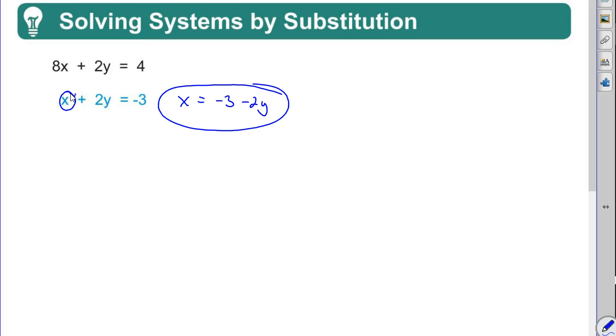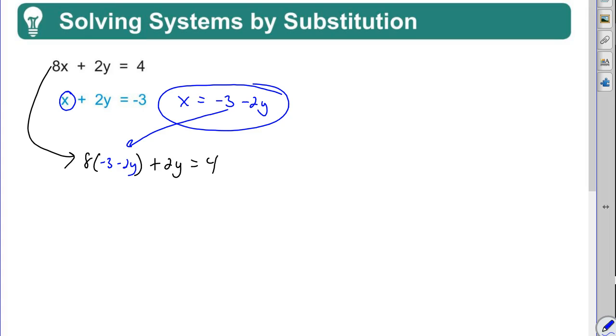Okay, so in the substitution method, now I must take what I just found for x and substitute it in for that variable in the other equation. So you can see I have the black equation 8x, where the x is, we're going to sub in negative 3 minus 2y.